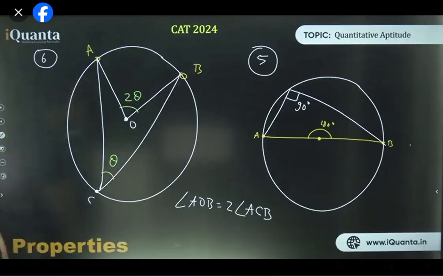Cool? Perfect. Getting it? All of you. How would it be reversed?